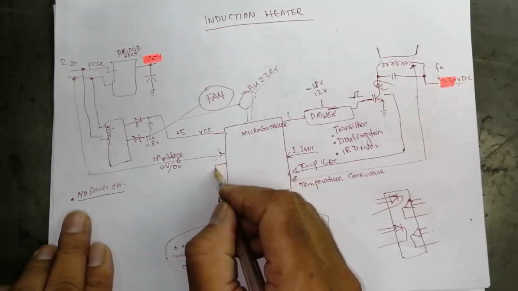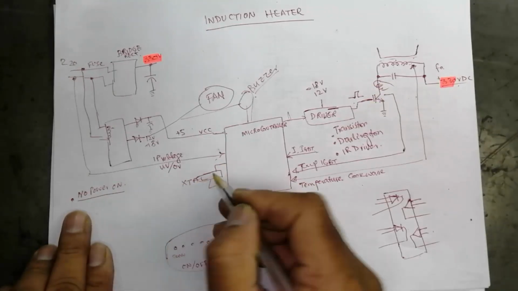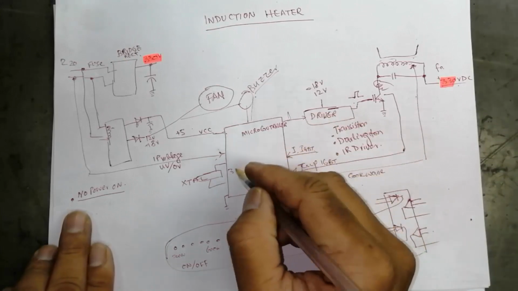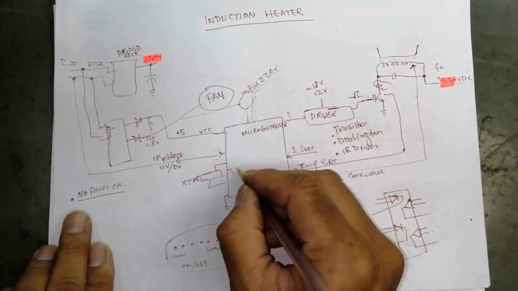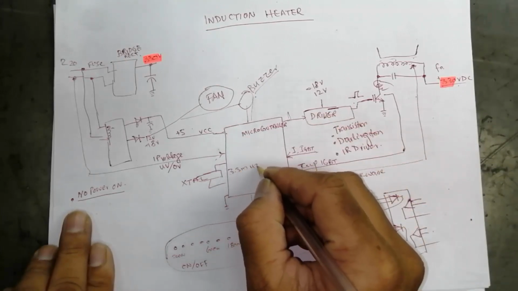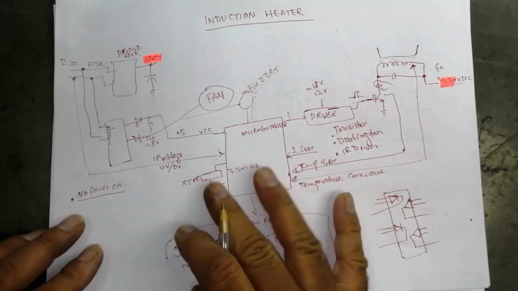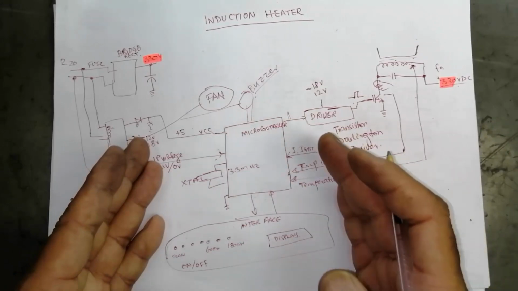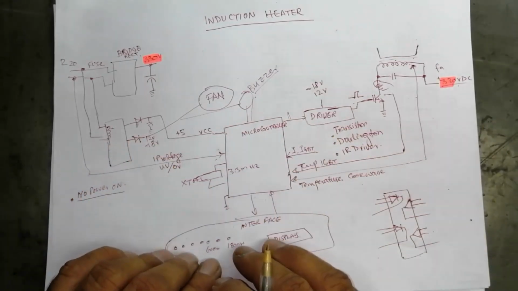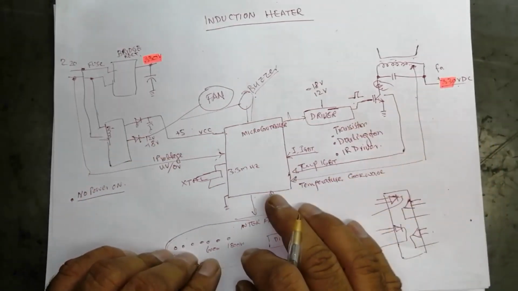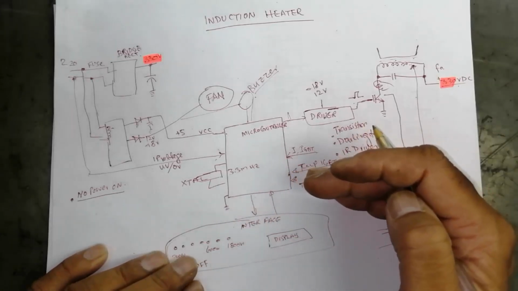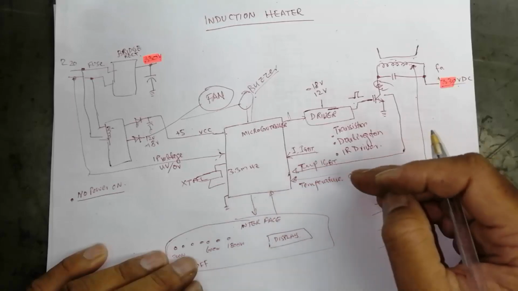Most of the time we have an XL crystal. It's about 3.3 megahertz, 3.4 megahertz, 4 megahertz or 5 megahertz. It depends upon the designer and requirement of the circuit. It is called the active touchpad sensor and watchdog system, and it is refreshed every time. Watchdog, what is watchdog?